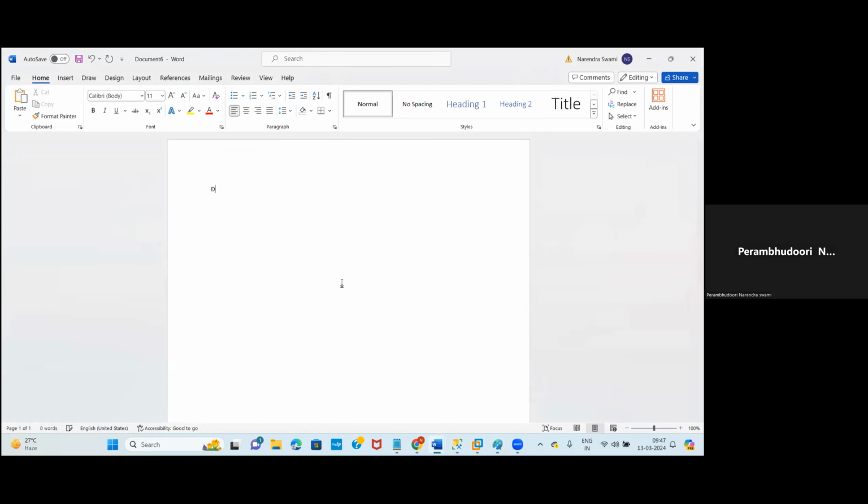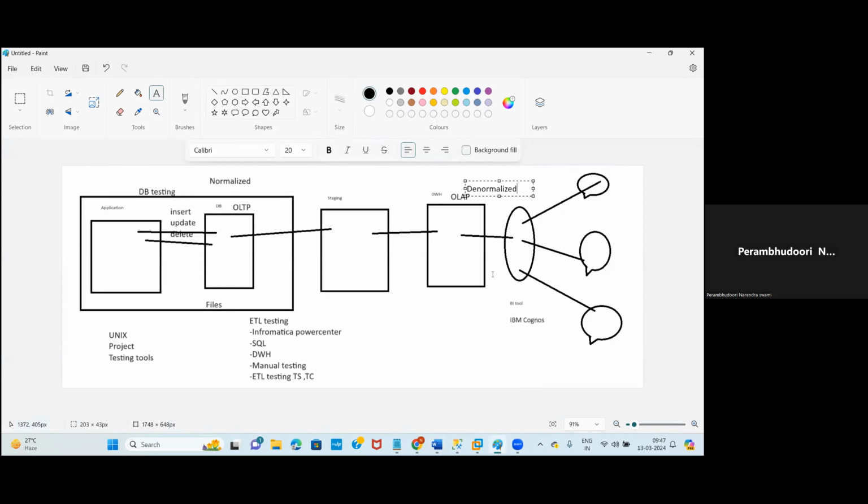Coming to data marts, we have two types of data marts: one is the dependent data mart, and one is the independent data mart. Say this is a data warehouse.